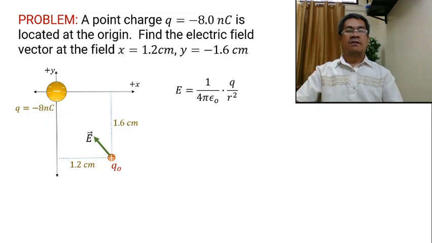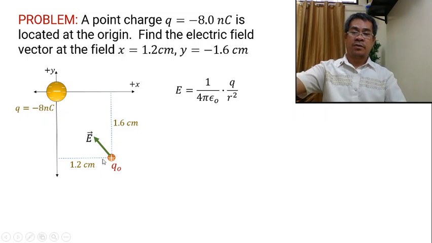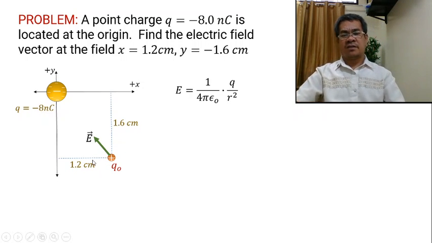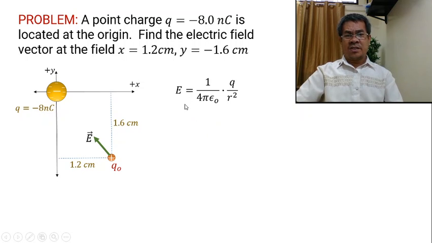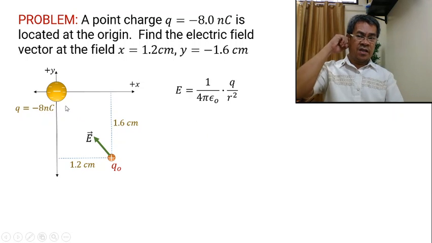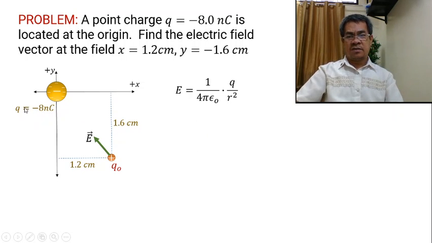Or use the components: we have the x component and the y component of E, and you express them in terms of unit vectors. There are two ways to solve for any vector. What is the requirement to provide the magnitude? We need the charge of the point charge and we need the radius.